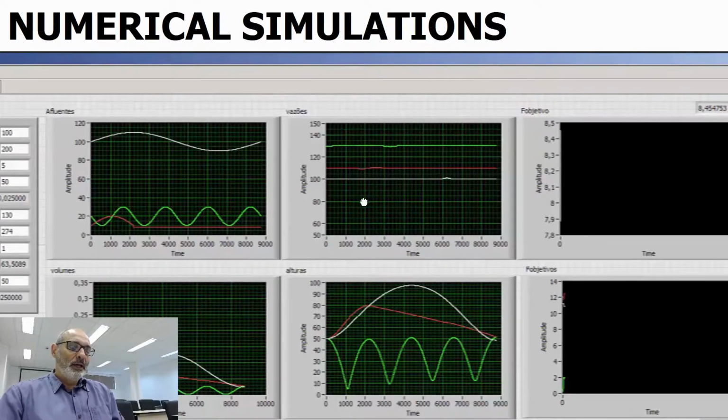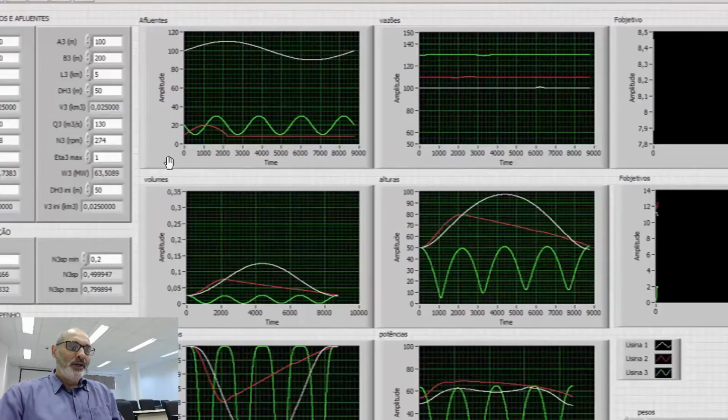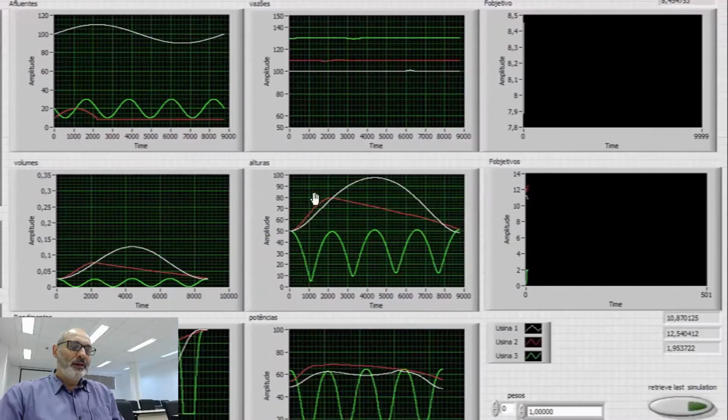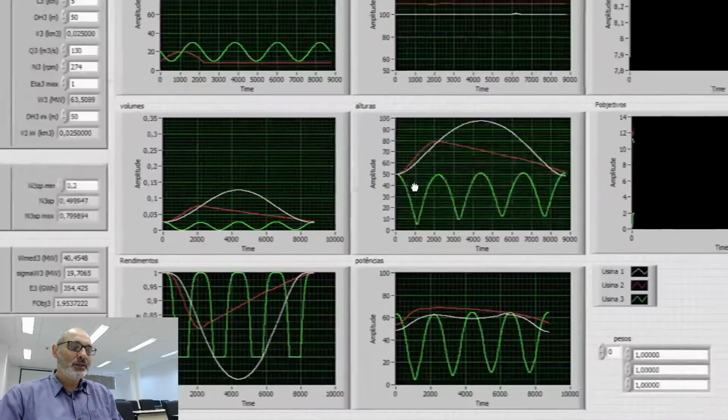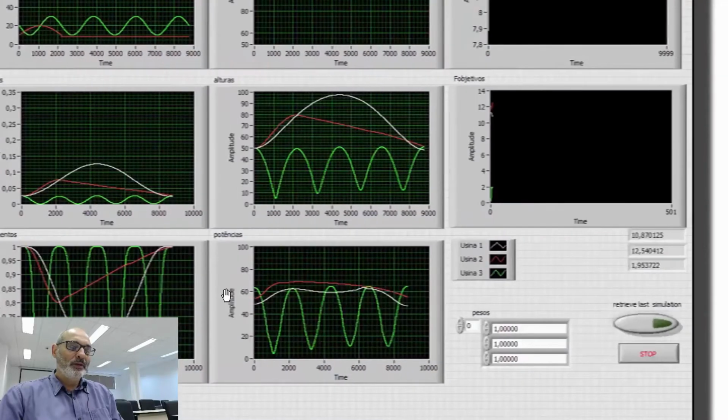Here are the individual flow rates of each reservoir. So this is Q1, Q2, and Q3. Here we have the volumes of each reservoir, the corresponding heads, H, this is delta H, and this is the efficiency of each turbine during the year. Here you have time, and the power, this is W, during the year.